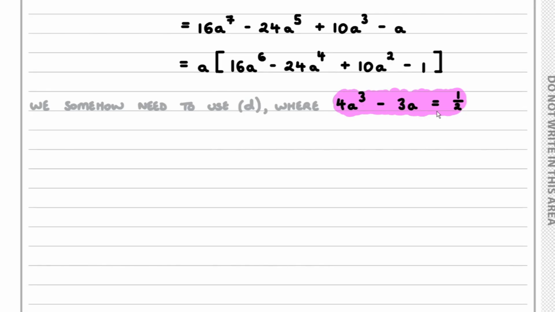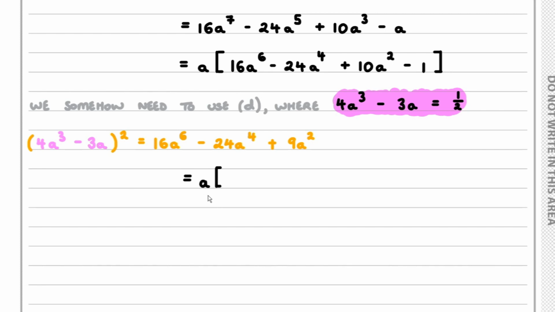Now, what you will notice is if I take this 4a cubed subtract 3a and square it, I end up with 16a to the 6 subtract 24a to the 4 plus 9a squared. It's almost what we have here. So we can rewrite this result in terms of what we've just written here.